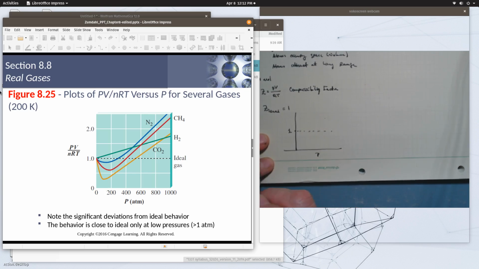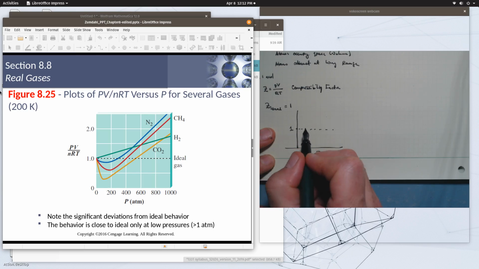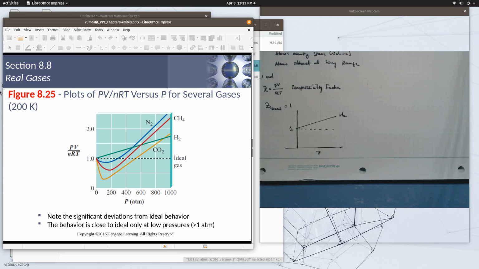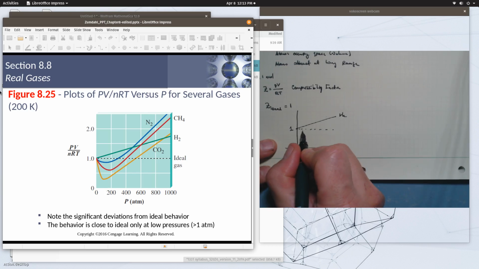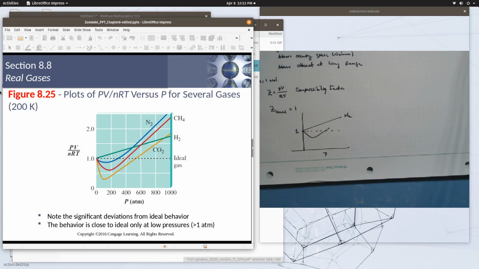At low pressure, all gases must look ideal, and certain gases, H2 for example, have that behavior. CO2 has a behavior that looks sort of like this. Methane gas has behaviors that look like this. So I see what's called deviation from ideal behavior.